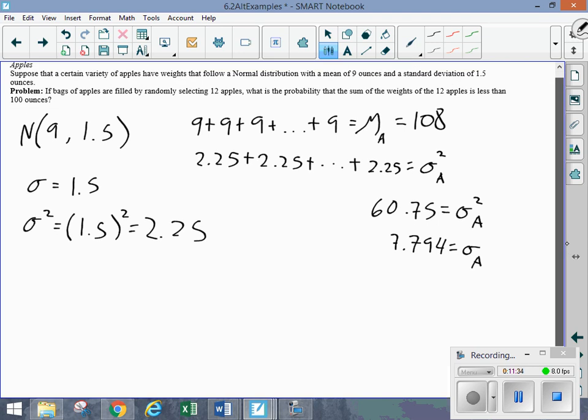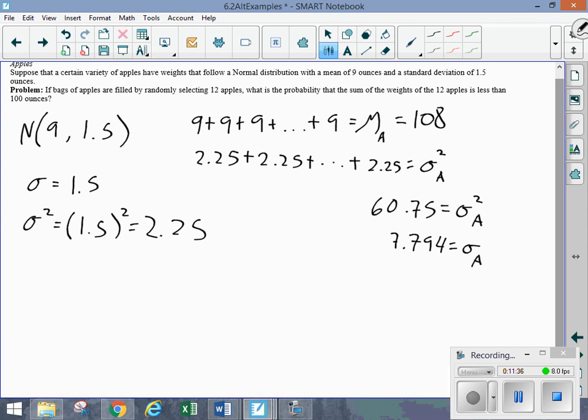So we found our mean and our standard deviation, and now what we need to do is the actual calculate the probability. So what's the probability that it is less than 100?